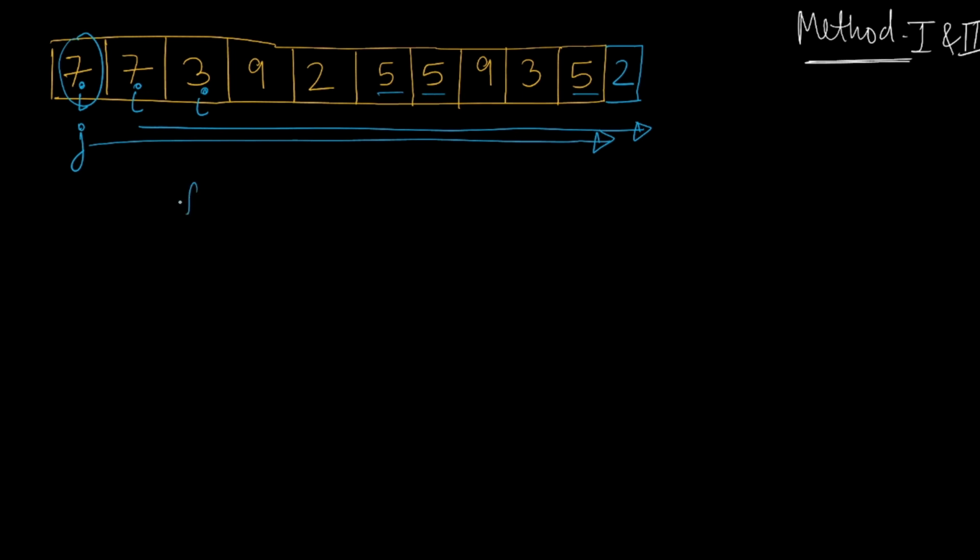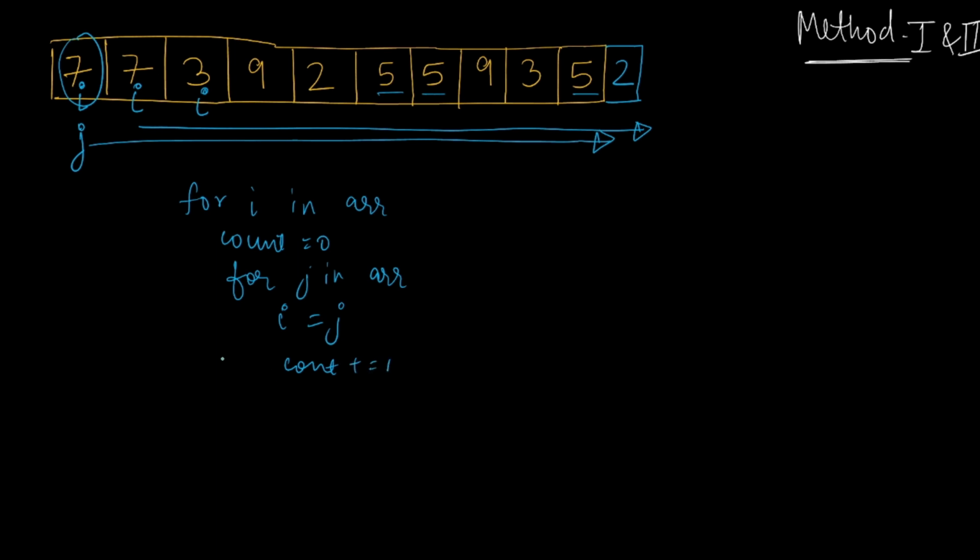So something like: for i in the array, and we are keeping the count. Okay, and for j in the array, if i and j are the same, we are incrementing the counter, count plus equals 1, right?